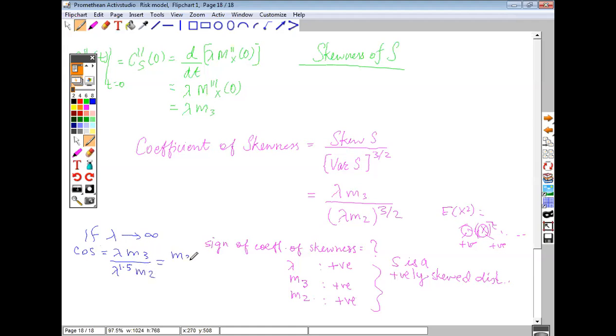So I can rewrite this as m3 upon lambda raised to 0.5 m2.